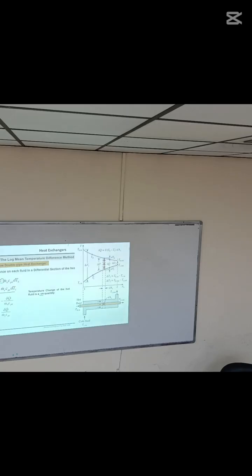From here we can write dTh and dTc. Del Q is the same. Now I can write it in terms of the difference. What is this dTh minus dTc? Here is the differential change of the hot fluid and the differential change of the cold fluid, and their subtraction. So this minus this is clear.